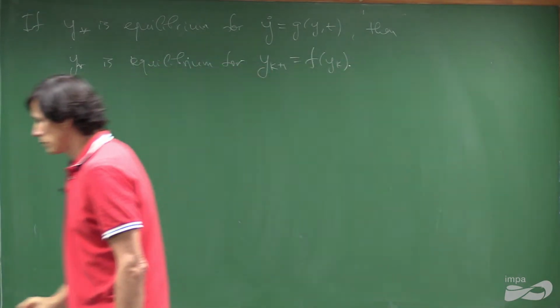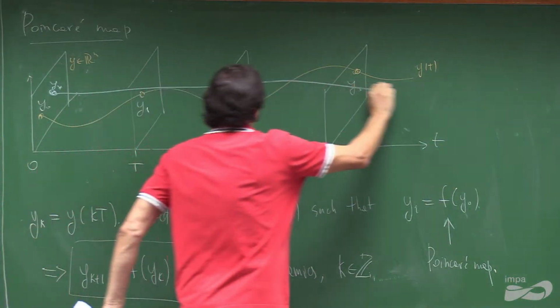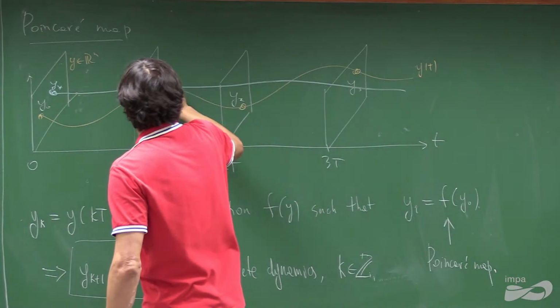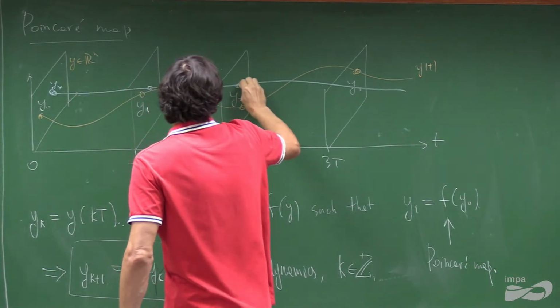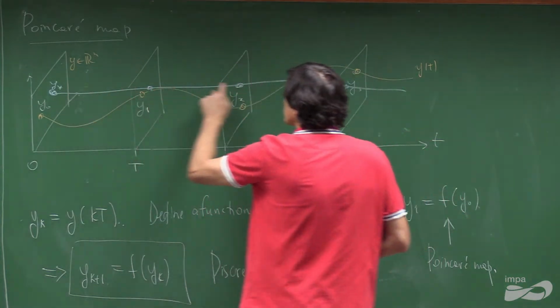This is essentially obvious, because y star was just a constant solution, so it's exactly the same point at each plane.